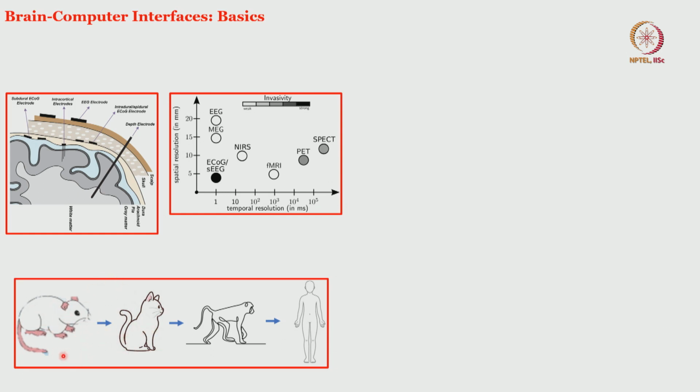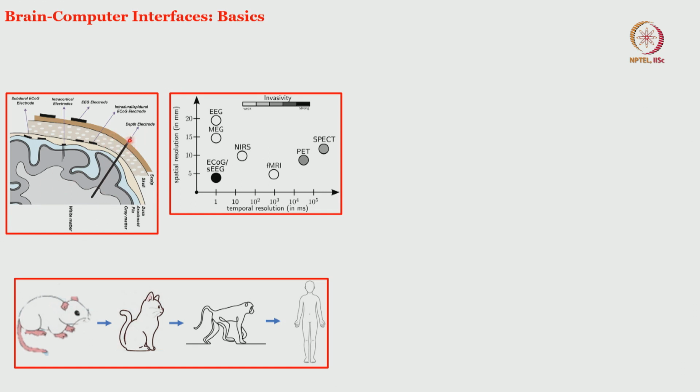First you start with rats, then cats, monkeys, which are also known as non-human primates, and then you go to humans. So this is the flow. We will be showing you in this particular subject rodent neurosurgery, as the name of the topic, and we'll see how all this anatomical region looks like in that particular surgery.